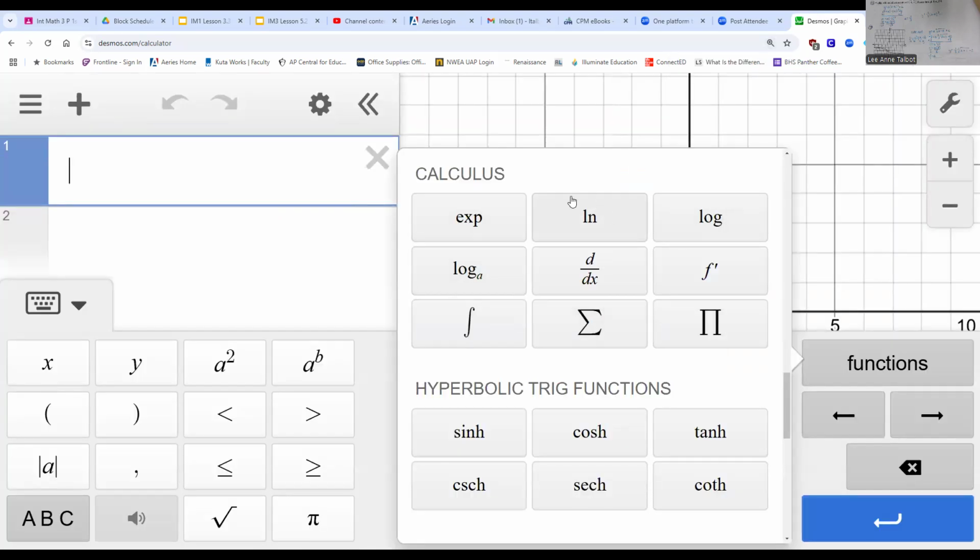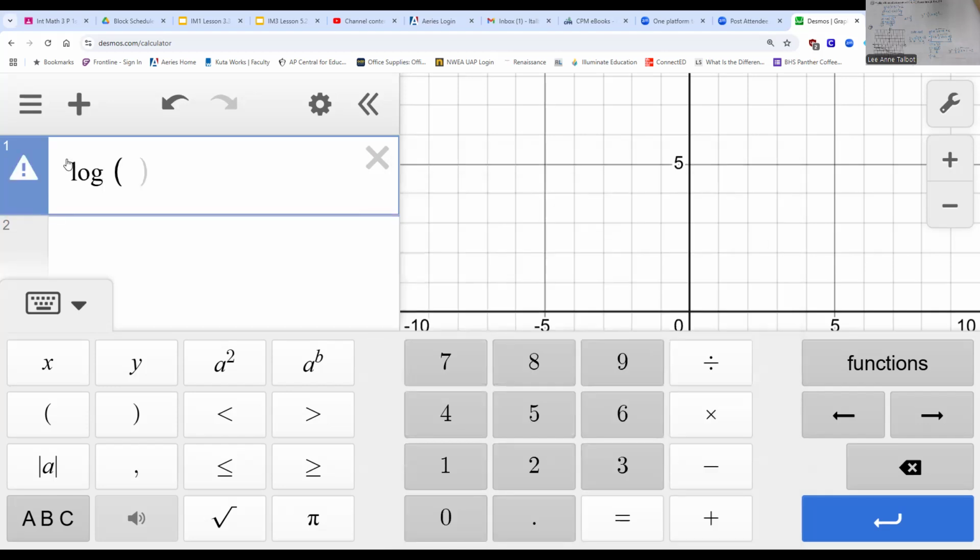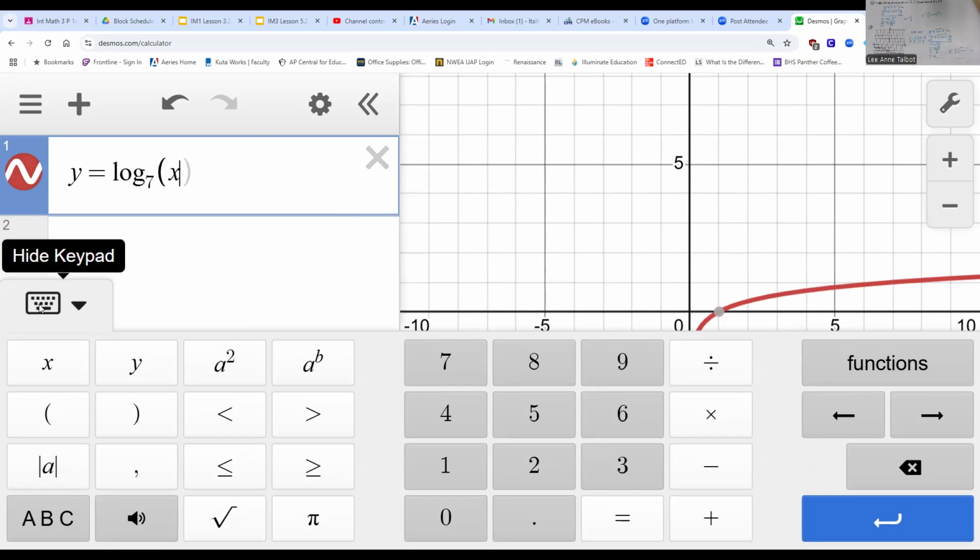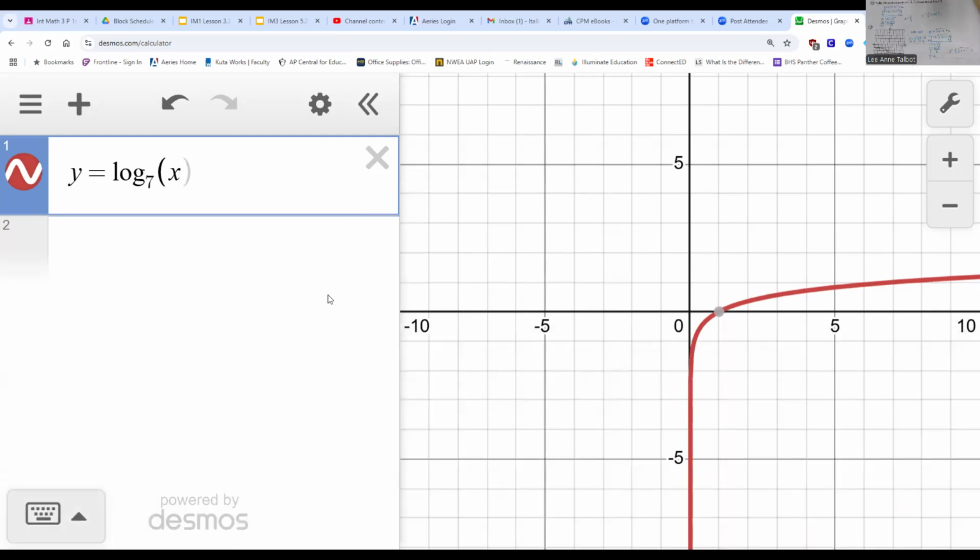This is natural log here, this ln, and then the one that I'm going to click here is log base a, because we're going to use that. So if you are messing with this on Desmos, just so you know, it's located in the functions button, and the functions button is located in the little keyboard thing.